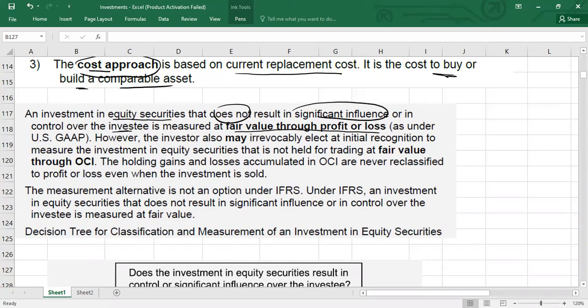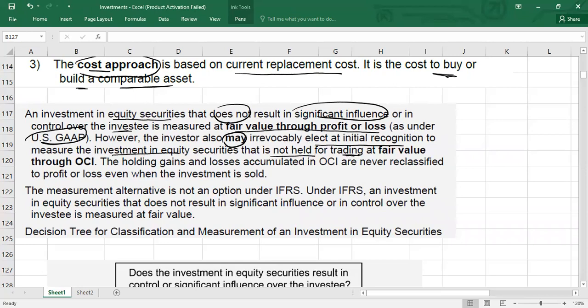If you don't have significant influence, you use the same approach we just learned in US GAAP. However, the investor may also irrevocably elect at initial recognition to measure the investment in equity securities that is not held for trading.